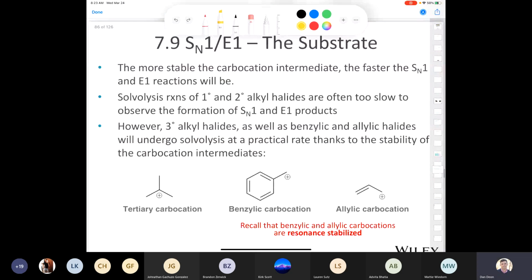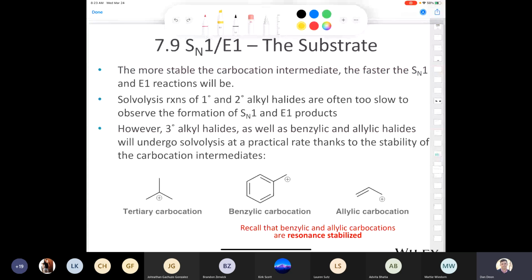What about the substrate itself? What about the carbocation that's formed? Well, if you were to just say to me, you know what, Mr. Dion, what you've taught me so far is that a tertiary carbocation is the most stable, and that's why an SN1 or an E1 reaction is going to occur with a tertiary alkyl halide versus a secondary or primary, I'd say absolutely. You're 100% correct, and that's covered in these two bullet points right here.